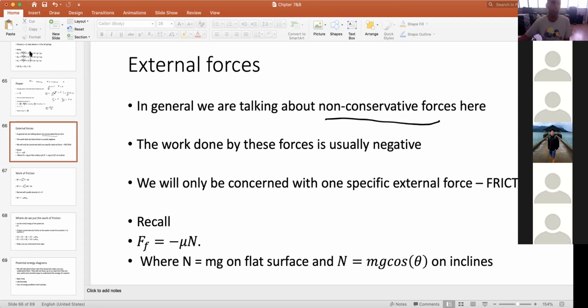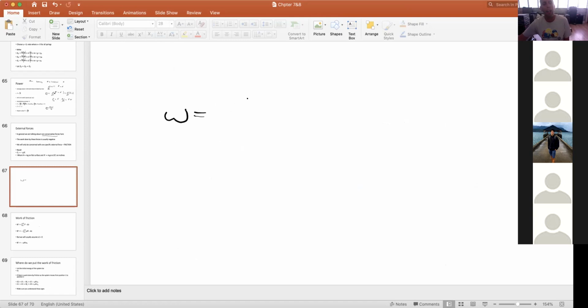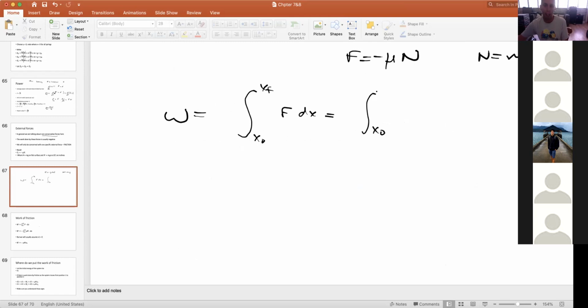So let's go back to our handy, what is work? Work as an integral from x initial to x final is the force times dx. If the force is mu times n, and for simplicity, I'm going to use mg to be n here, but if you were on an incline, it would be mg cos. So this becomes, and it does have a negative now, where before we were dropping it because we were figuring out the direction.